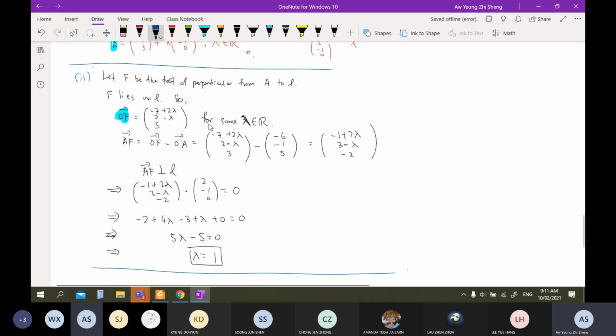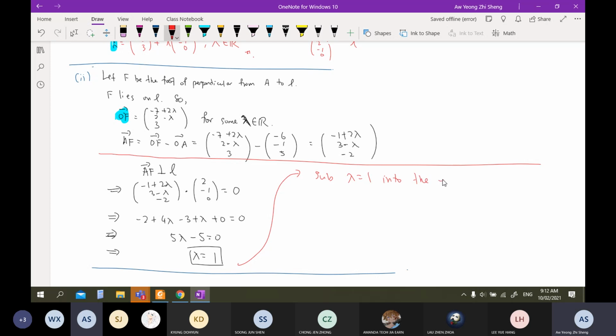I don't want to scroll too far down, so let me just continue on the right here. I will now sub lambda equals to 1 into the expression for OF. The expression for OF is the pink color that I circled up there. And OF will be minus 7 plus 2 times 1, 2 minus 1 and 3.